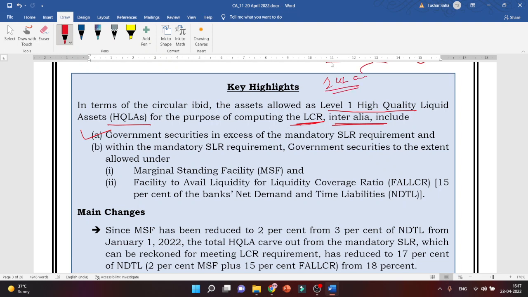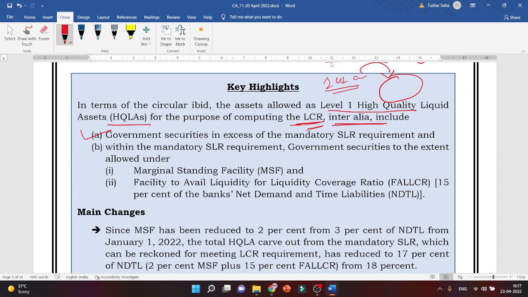Whatever is beyond 1 lakh crore would be considered under Level 1 high quality liquid assets, right? Then within the mandatory SLR requirement, government securities to the extent over the SLR quota are HQLA, high quality assets, right?